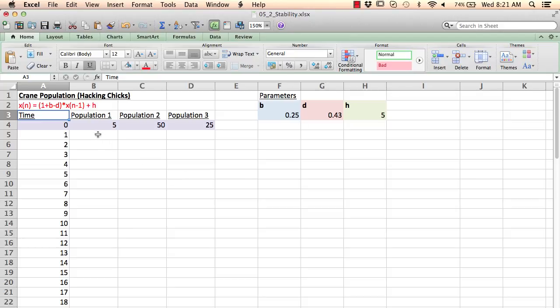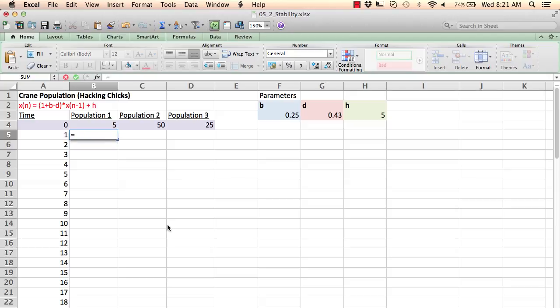Alright, so I'm going to go ahead and apply that formula for each of my populations. For population 1, I hit my equal sign because I'm telling Excel that I want to actually compute something. And then I'm going to put in 1 plus, and for b, I always want it to reference cell F3, so I'm going to use those dollar signs that we talked about.